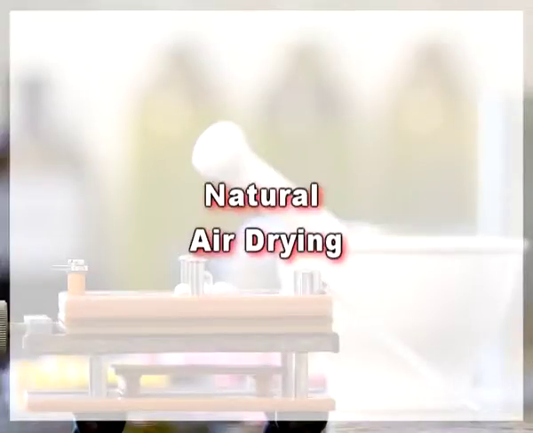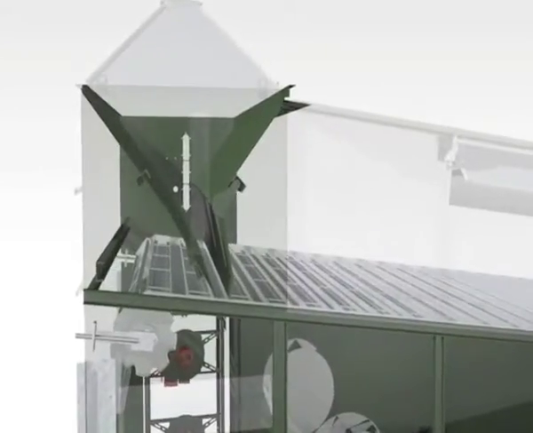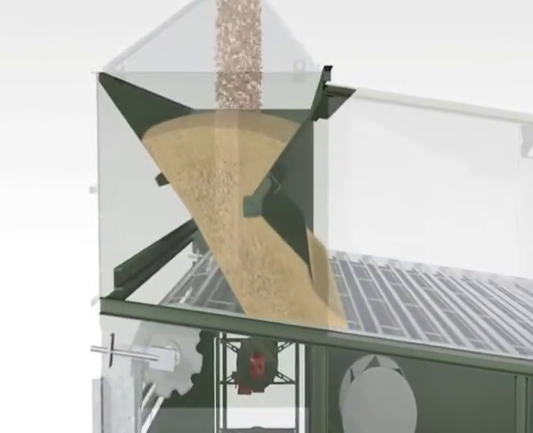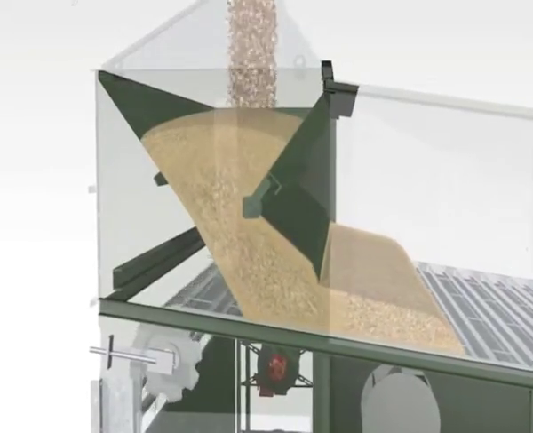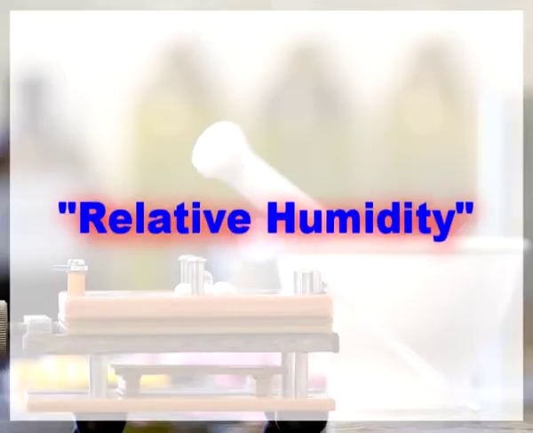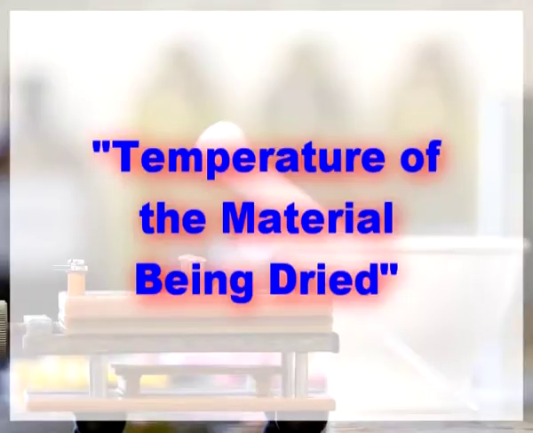Natural air drying takes place when the material is dried with unheated forced air, taking advantage of its natural drying potential. The process is slow and weather dependent. So, a wise fan strategy must be devised considering the following conditions: air temperature, relative humidity, moisture content, and temperature of the material being dried.